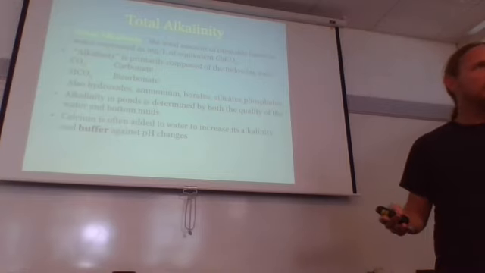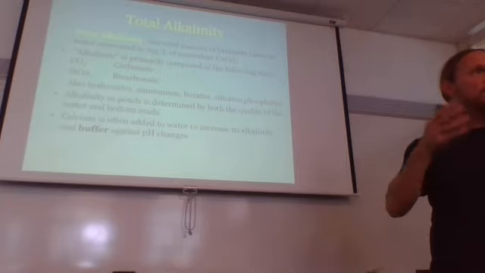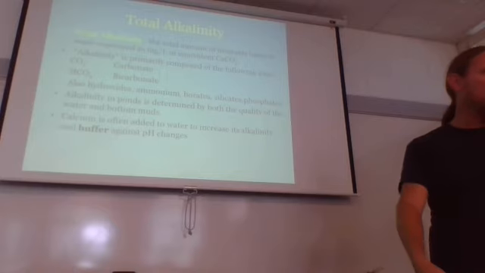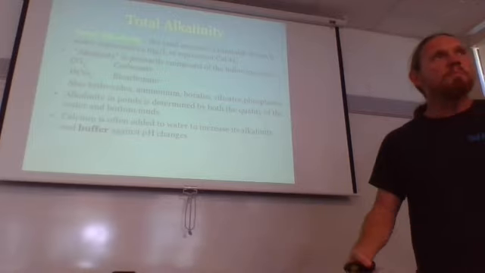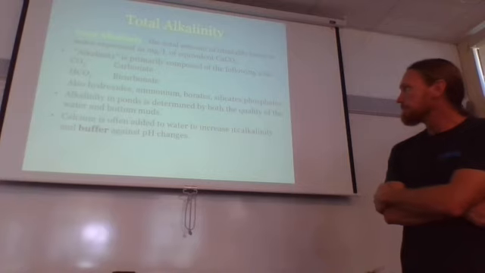Where you want your alkalinity really depends on what you're growing. What your alkalinity is depends on your source water. It depends on the sediments. If you're doing pond culture, the sediments under the pond are going to have a big impact on alkalinity.